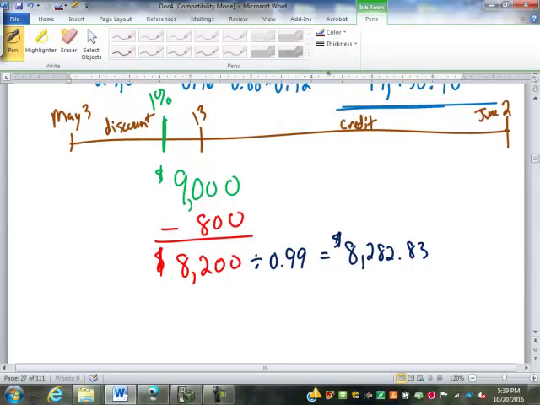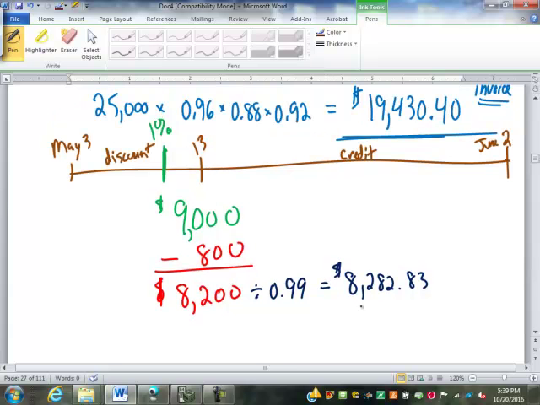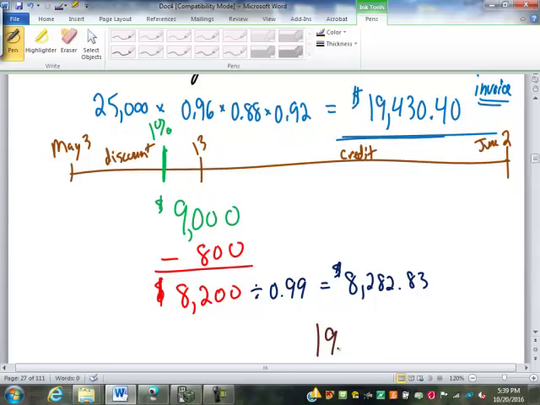Are we good so far? So now we're going to take the invoiced amount, $19,430.40.